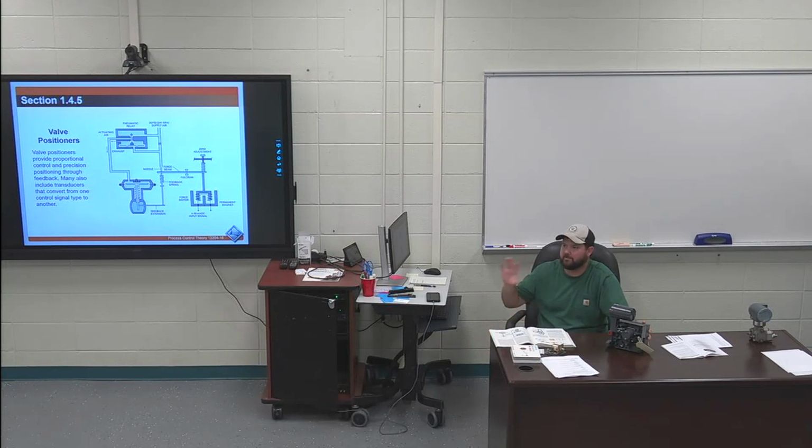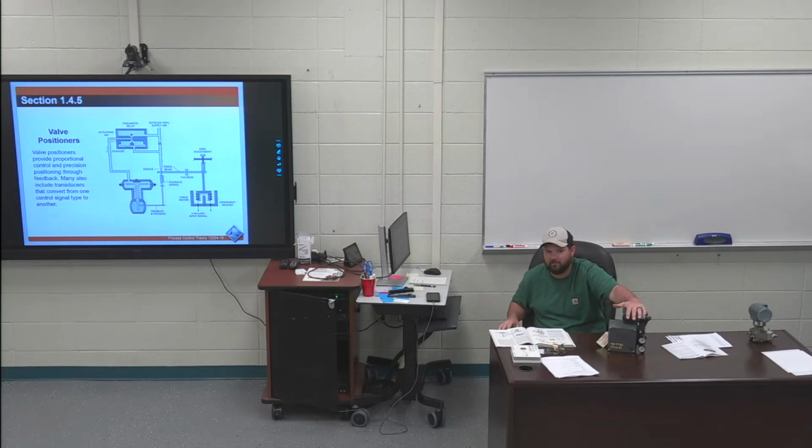So the valve itself is just dumb, it doesn't have any electronics on it. This is what you connect to a valve to talk to a PLC or some type of controller, sending an analog signal so you can manipulate the valve to different positions, whether that be 25, 50, 75% open, 100% open, something like that. Does that make sense?